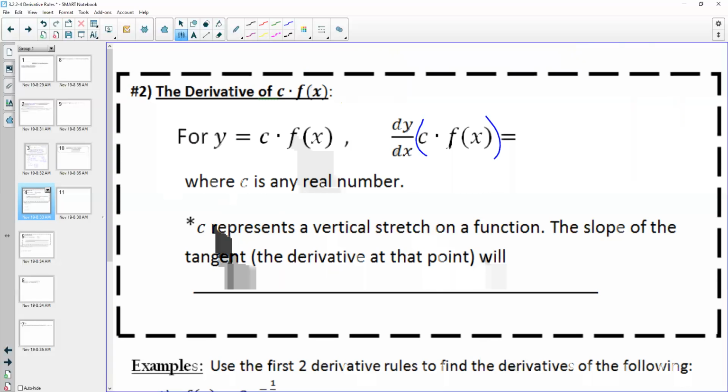So we will have the constant removed from that, and then we're going to multiply that by the derivative of f of x with respect to x. Okay, so we do not take the derivative of a constant or any real number. Okay, so c will represent the vertical stretch on a function, and the slope of the tangent, so the derivative of that point, will experience the same stretch.